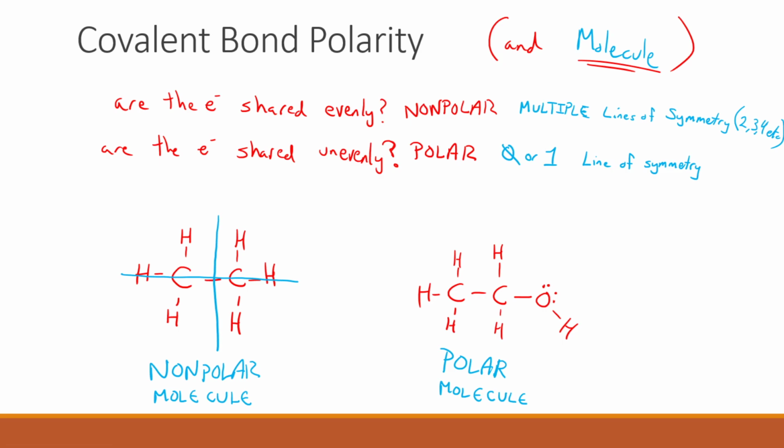There's no problem with having a non-polar molecule with polar bonds or a polar molecule with non-polar bonds. They're independent of each other. Right? When we're focusing on a bond, we're looking at just this interaction. Or just this interaction. And we're not looking at the whole picture, but when we're looking at the molecule, we're looking at the whole picture.